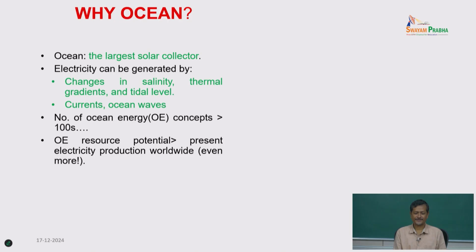More than 1000 ocean energy devices are available, of different types and variants. If we can harness all the ocean energy, it will fulfil all the energy requirements of the world, because 70% of Earth's surface is covered by ocean. So, you have to develop the technology.